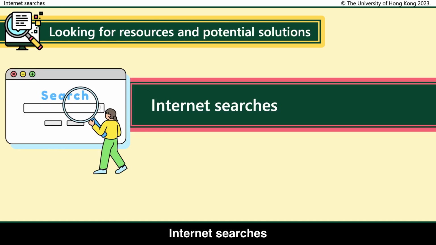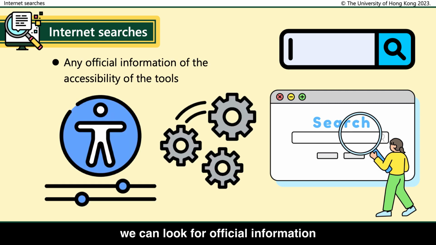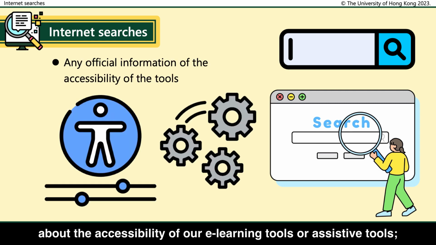arrangements. Internet searches. Internet searches can be a very useful and efficient way to get information. For example, using a search engine such as Google, we can look for official information about the accessibility of our e-learning tools or assistive tools.